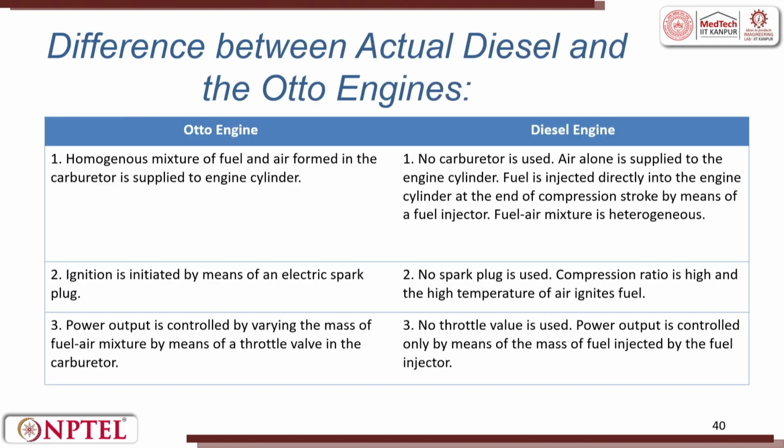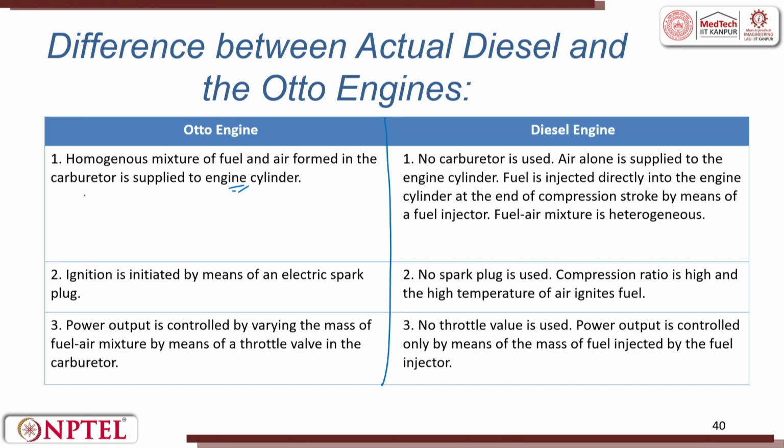Now, let us compare the Otto cycle and the diesel cycle. In the Otto engine, a homogeneous mixture of fuel and air formed in the carburetor is supplied to the engine cylinder. It is a homogeneous mixture of air and fuel, which is why we always talk about the air-fuel ratio.